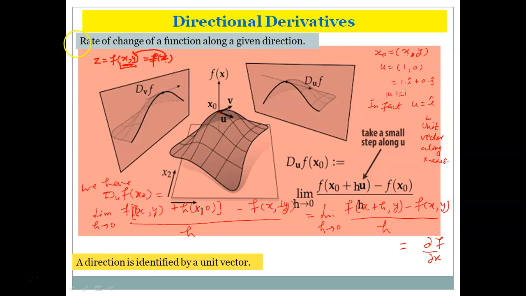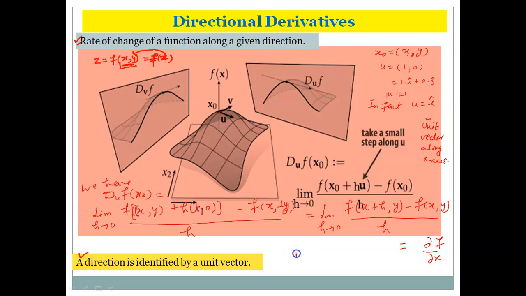The definition of directional derivative is that it represents the rate of change of a function along a given direction. And you know, a direction is identified by a unit vector.